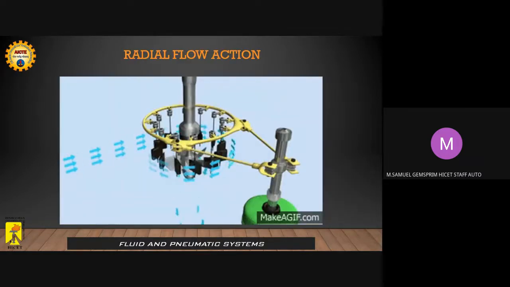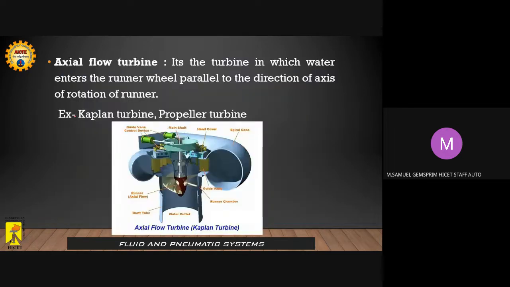Next, this is how it works. Next, we have the axial flow turbine, which is nothing but the Kaplan turbine. In the Kaplan turbine, although it looks the same in construction, this spiral casing or volute casing is used to increase the pressure and velocity.